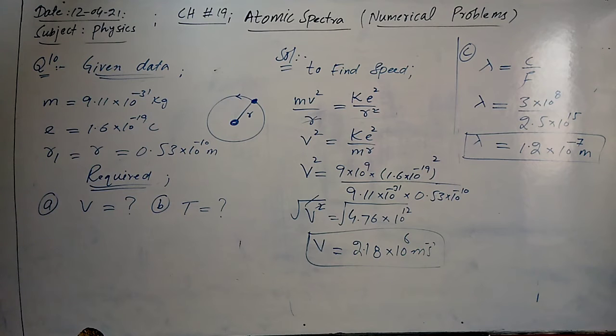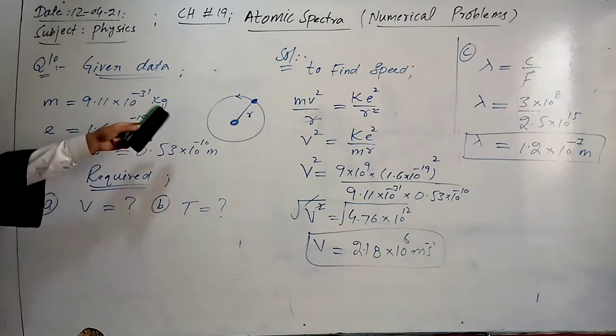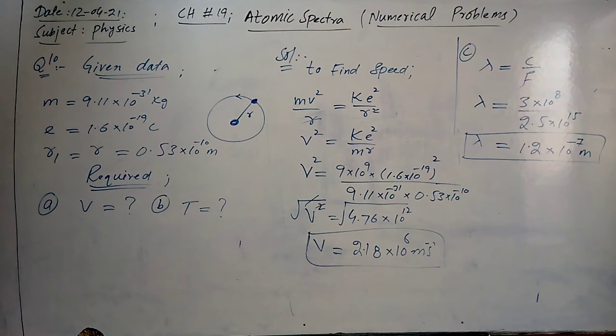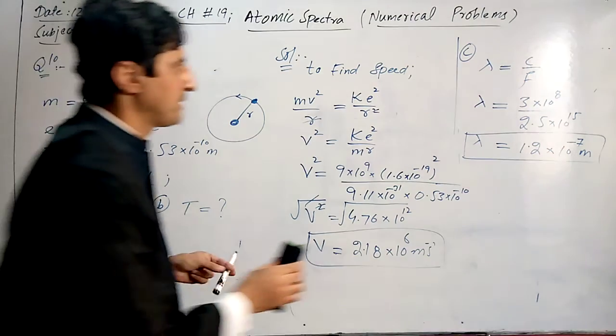Second thing, the time period to circle the nucleus. The time taken by the electron to circle the nucleus is calculated as T equal to 2 pi r divided by v.